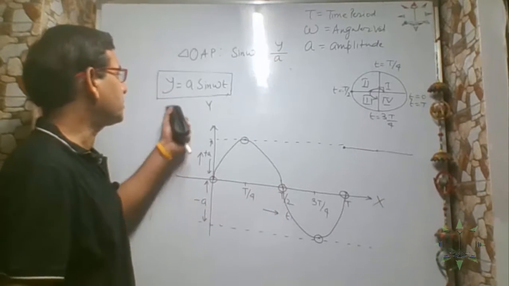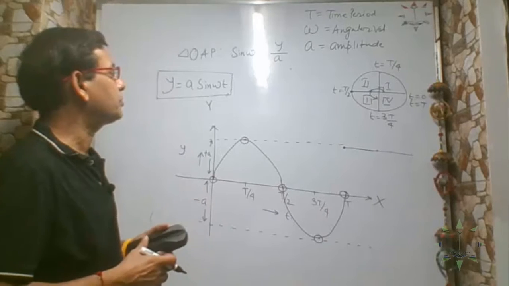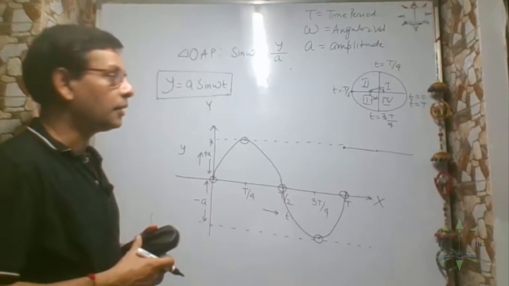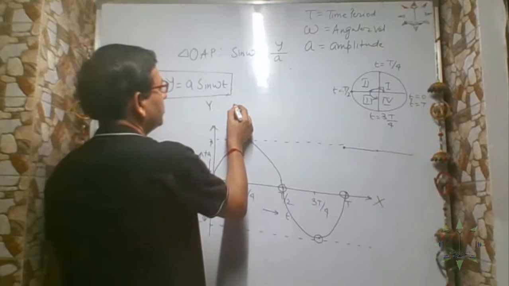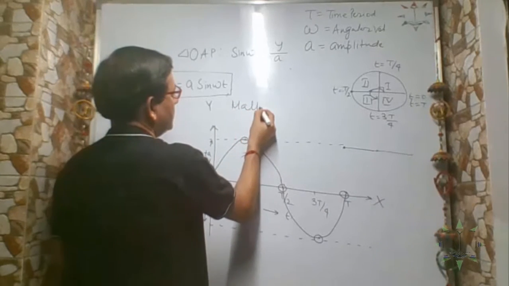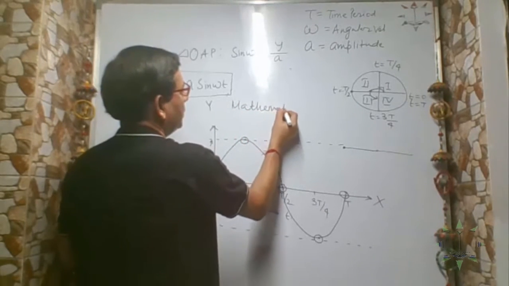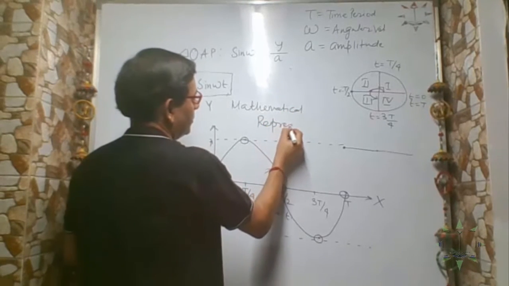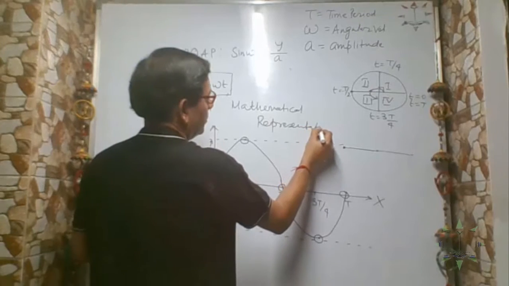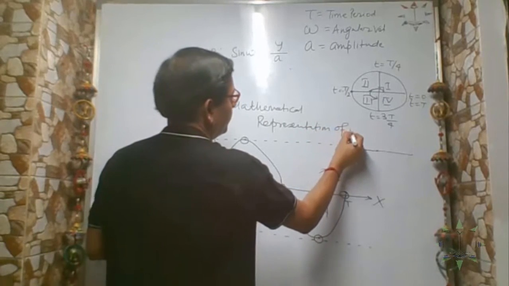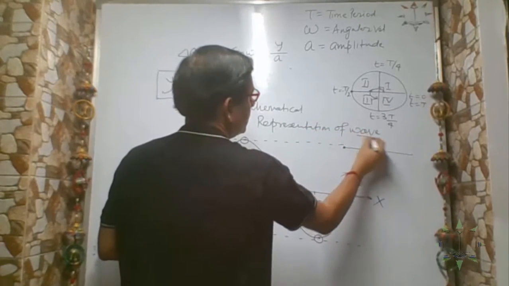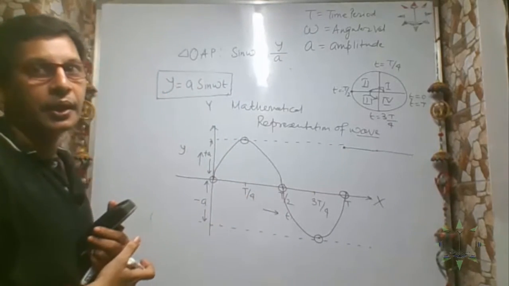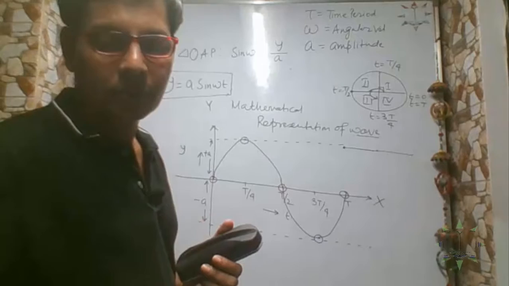So the displacement equation in simple harmonic motion is actually a mathematical representation of a wave. So what is the displacement equation? It is sinusoidal in nature, to and fro, and it represents the wave.